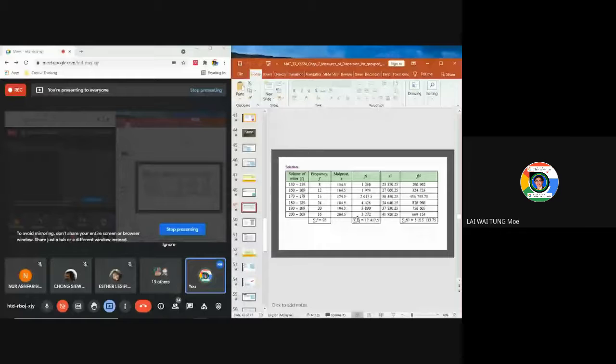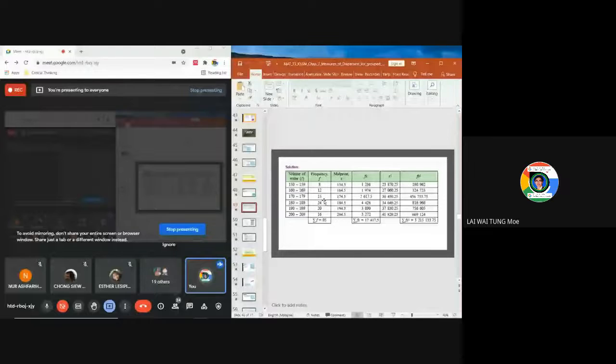The pemeriksa will look at your table to give you marks. If you don't do this table, what do you want to do? Or you mean you just use the calculator? So what do you want to do to show your calculation?